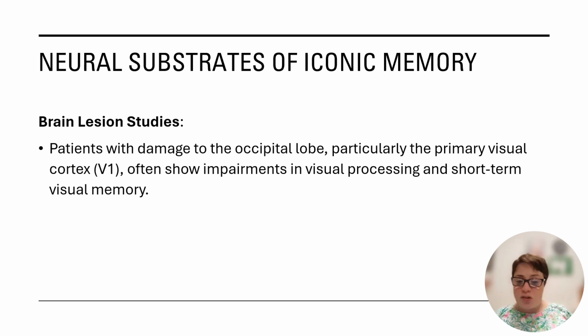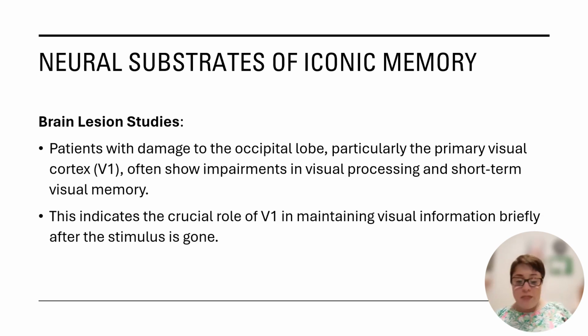And they often show impairments in both visual processing and iconic sensory memory. This indicates that V1, or the primary visual cortex, plays a crucial role in maintaining visual information even when the stimulus is no longer present.